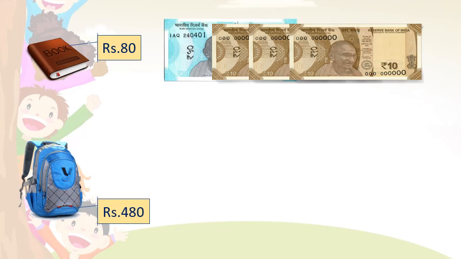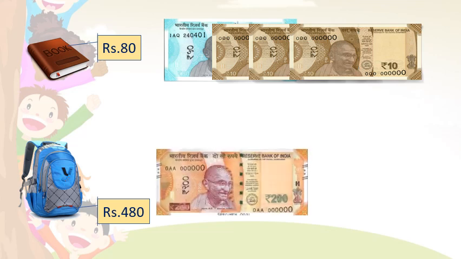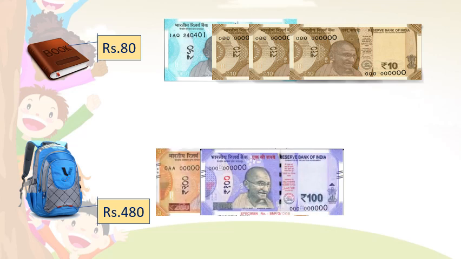Here we can see the bag of rupees 480. Okay. Now, how we can give this 480? By using 200, 100 notes. We'll see. This is the 200 note, 200 note. This became 300.